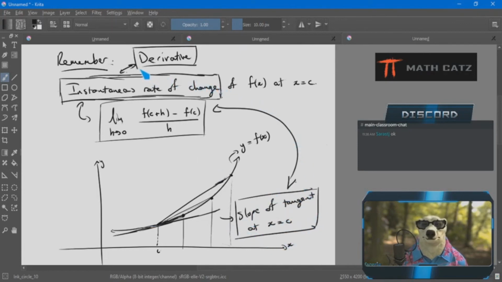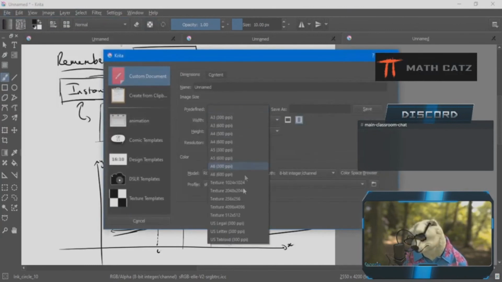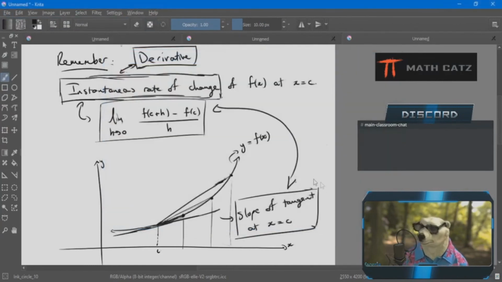I have the short, more popular name, the derivative of the function at that x value. All of these things in the boxes mean exactly the same thing. Depending on your setting, depending on the question, you can jump between these as you wish. Very important. It's all the same thing.